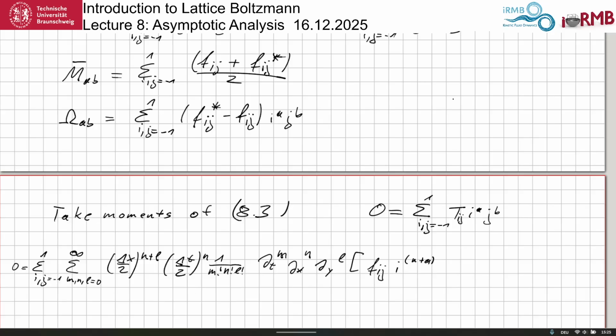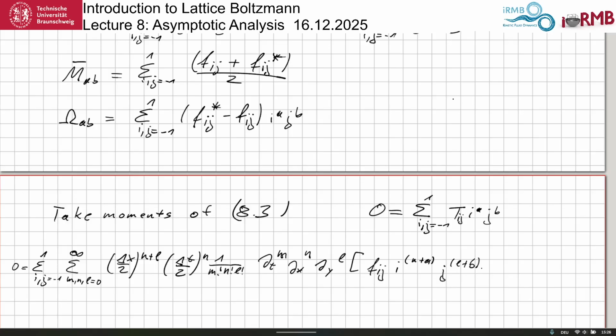Previously we had to the power of n, and we multiply by i to the power of a. The same thing goes here in j, l plus b.